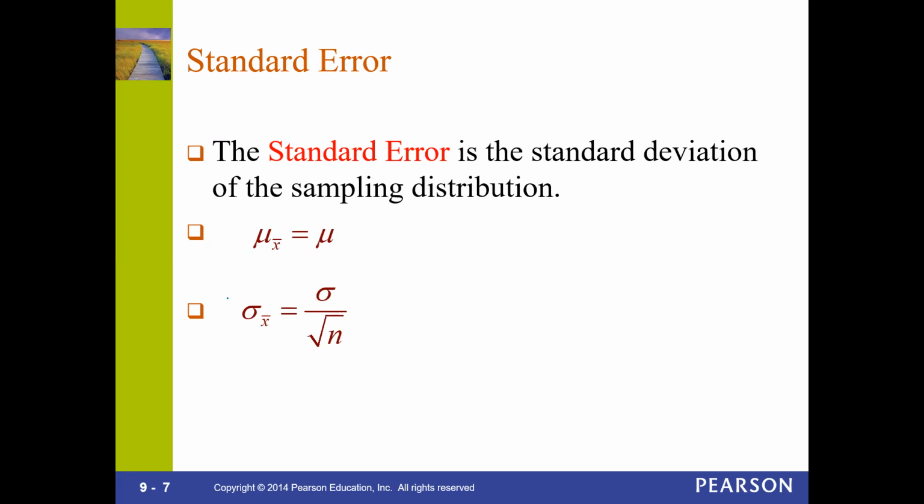So we got sigma over square root of n. And then you got mu x right here, and then you got sigma x. Okay, so make sure you pay attention to this one. I don't know if you remember from the class before, when we did it for the population proportion.